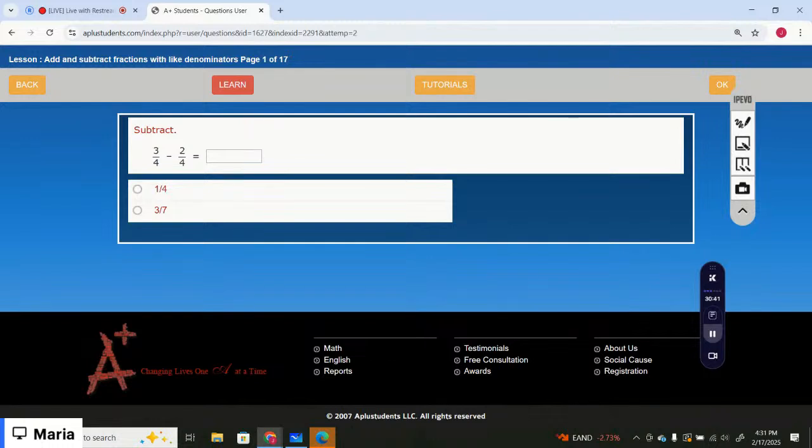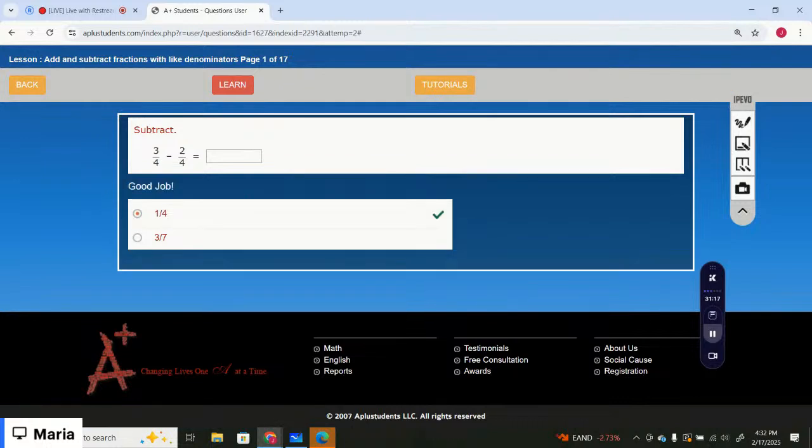3 by 4 minus 2 by 4, which is the correct option? So they have like denominators. You simply need to subtract their numerators.